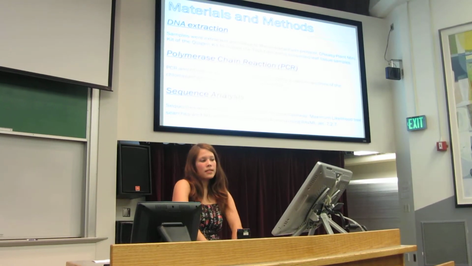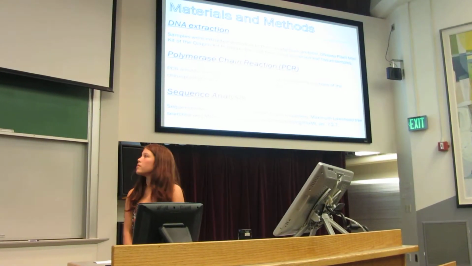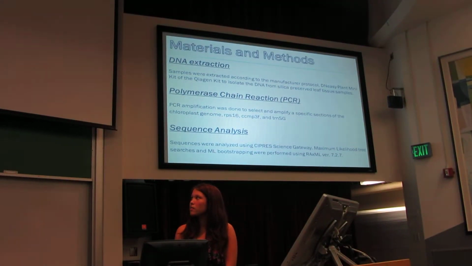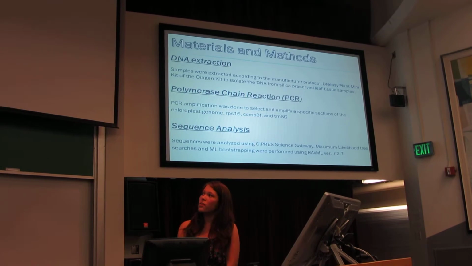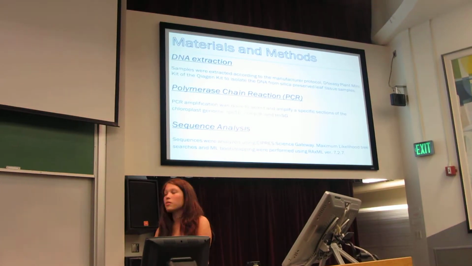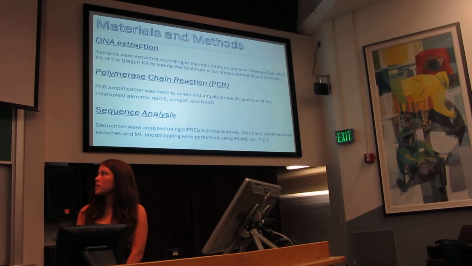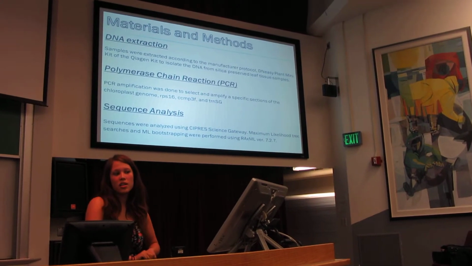And so basically these are the steps that we used to get our results. First we started out with the DNA extraction. We got preserved leaf tissue samples that were stored in silica gel, and we extracted that according to the Qiagen DNeasy Plant Mini Kit.